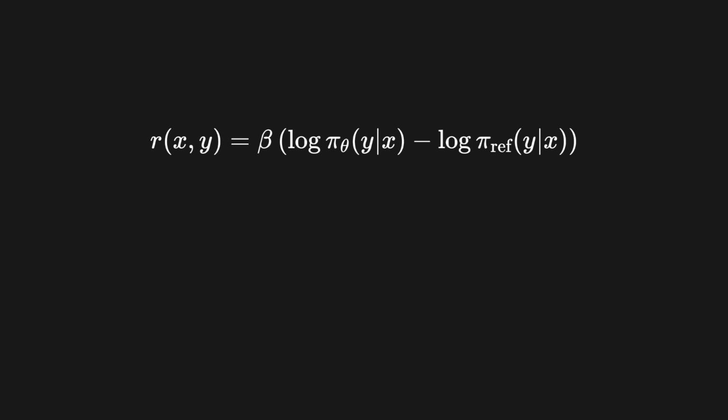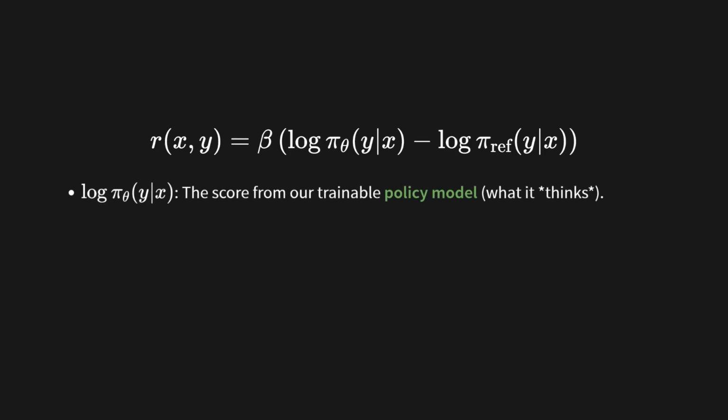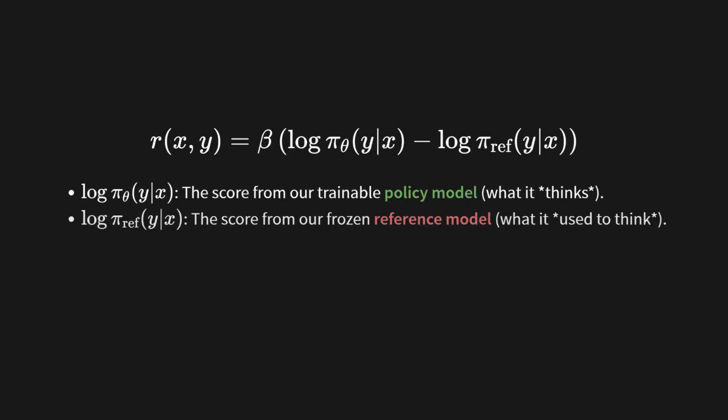Let's look inside. First, we have log pi sub theta of y given x. That's the score from our trainable policy model. It's what our model thinks now. Next, we subtract log pi sub ref of y given x. That's the score for the same response from our frozen reference model.